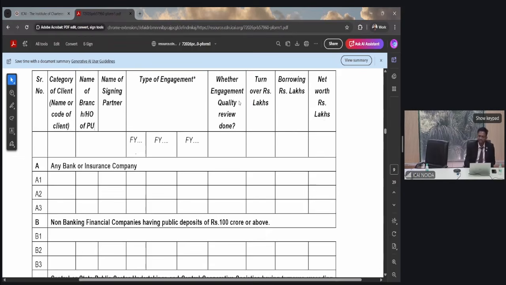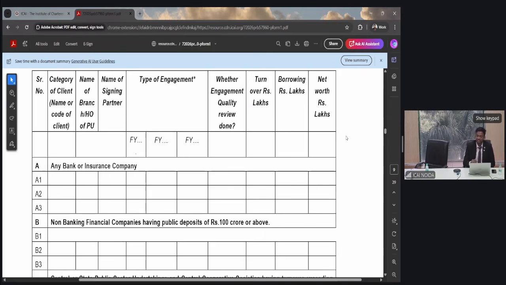After the type of engagement, these three financial figures need to be filled: turnover, borrowings, net worth, wherever applicable. Let's say your case is of a turnover certificate. Then turnover is applicable, borrowings and net worth are not required. Let's say yours is a case of audit. Naturally, all three figures will be there in the balance sheet.